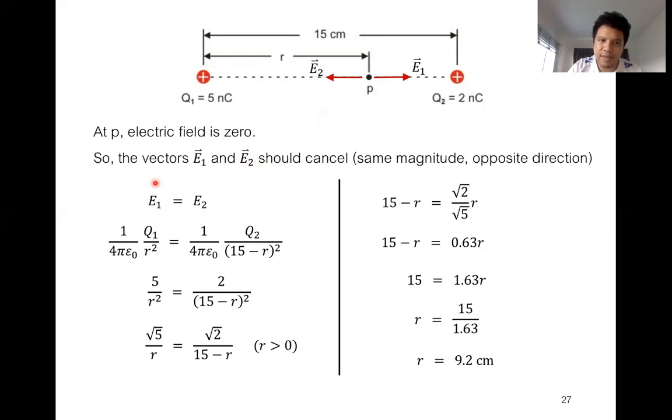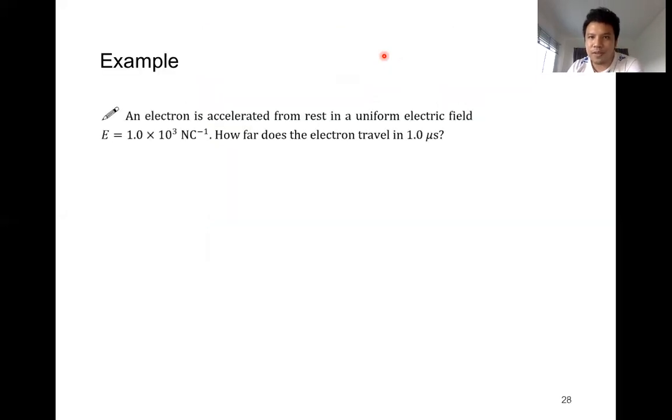So I substitute E1 equal to E2 and then work out for r. So we have the distance r that makes this point have 0 electric field as 9.2 centimeter.